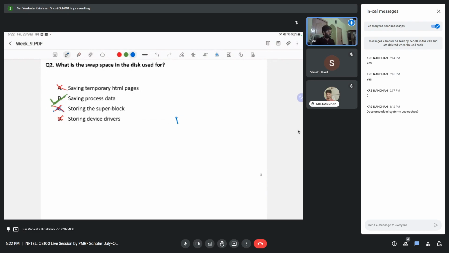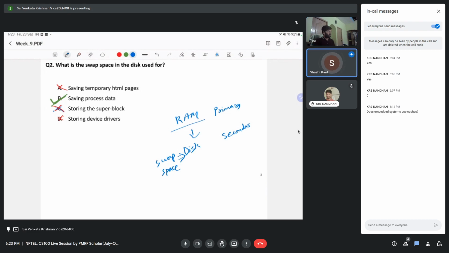So you have the RAM, that's your primary memory, and then lower comes the storage system or disk. That's your secondary memory, and the swap space is present in this disk only, your hard disk, right? That's where the swap space is stored. It's not part of your main memory or the RAM.